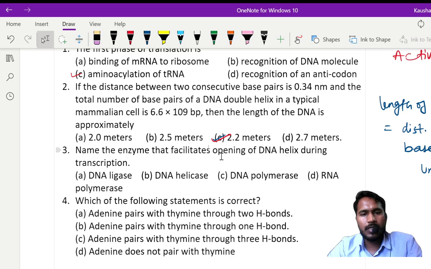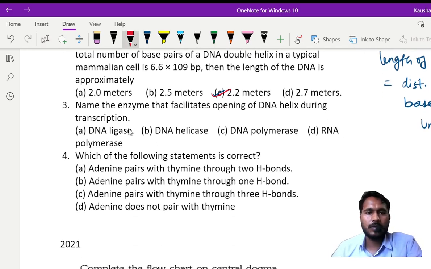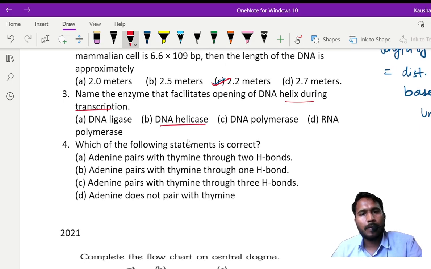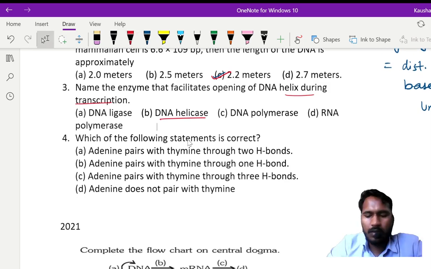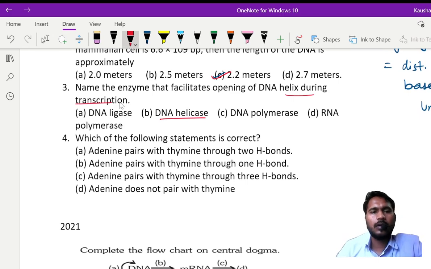Name the enzyme that facilitates the opening of DNA during transcription. Either it is DNA transcription or replication, DNA helicase is the important enzyme which opens the DNA. Here they are asking the enzyme that facilitates opening of the DNA helix during transcription.